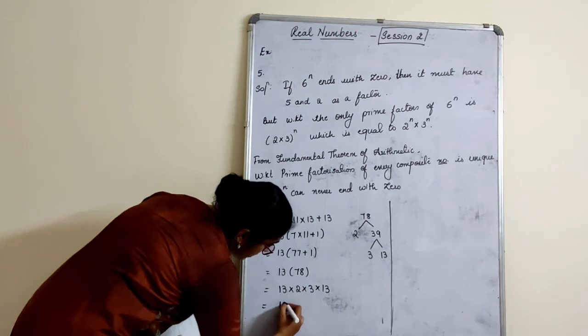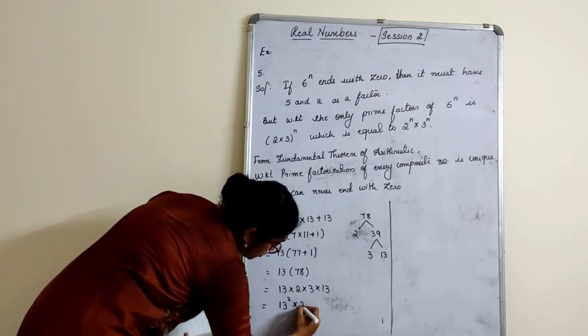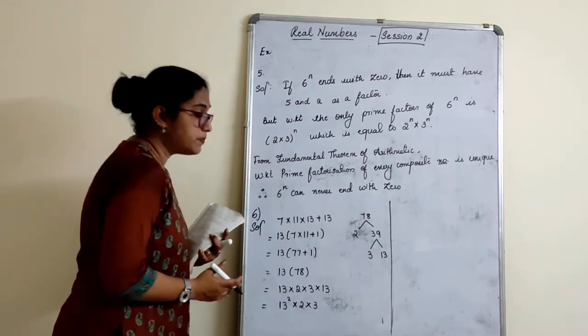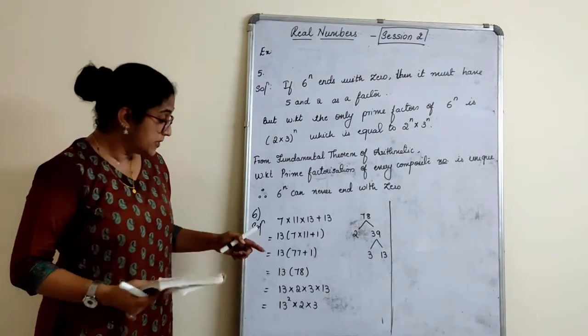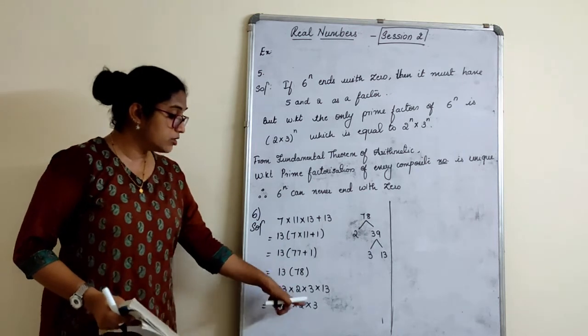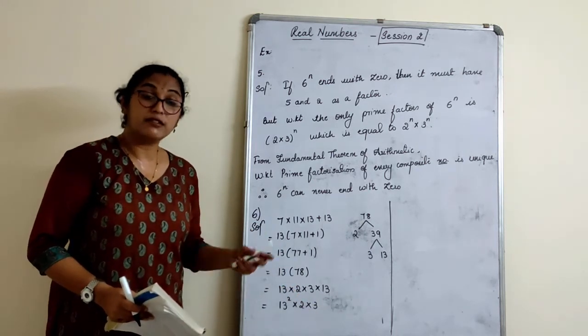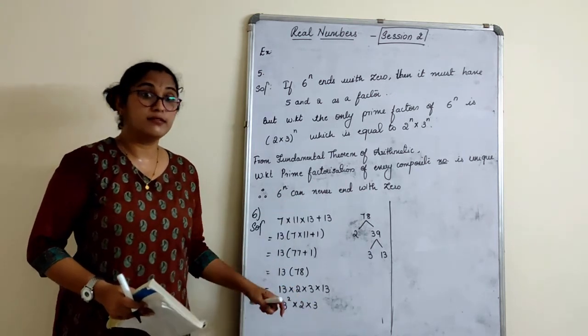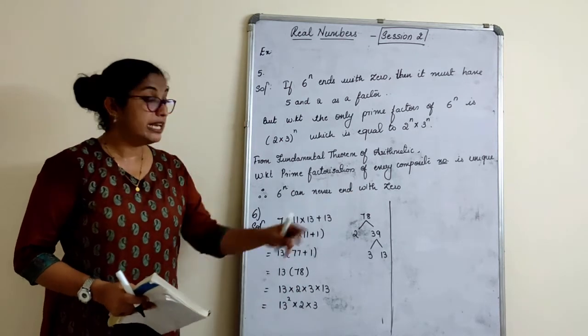That is nothing but 13 squared into 2 into 3. Keep this as it is. That means I can express this number as a product of 13 into 13 into 2 into 3. There are more than 2 factors here, so it is a composite, right? Let's see the next one.